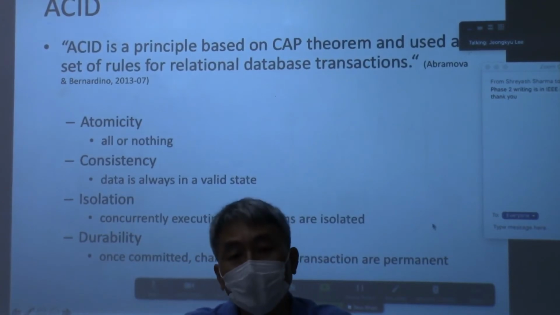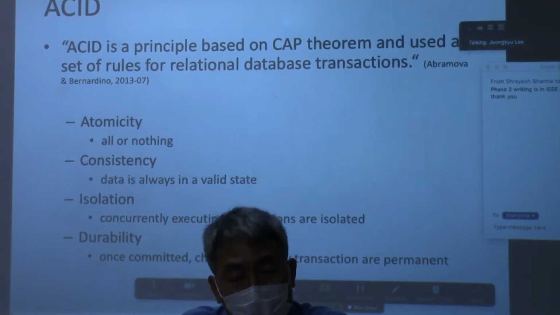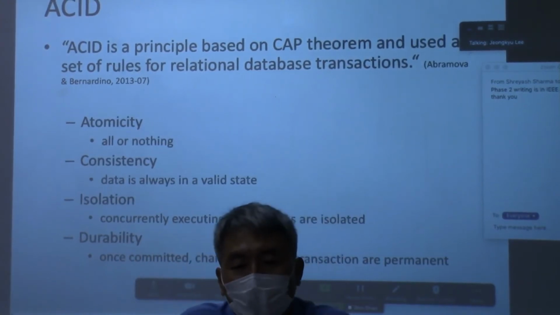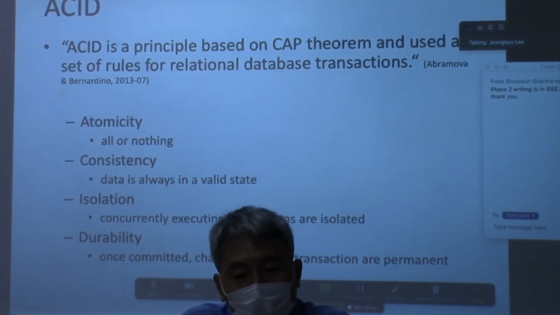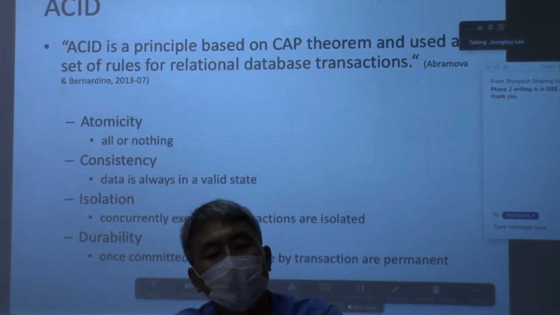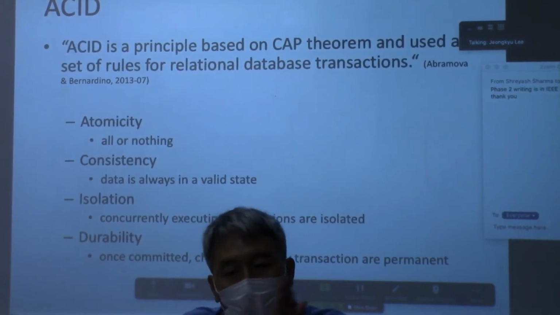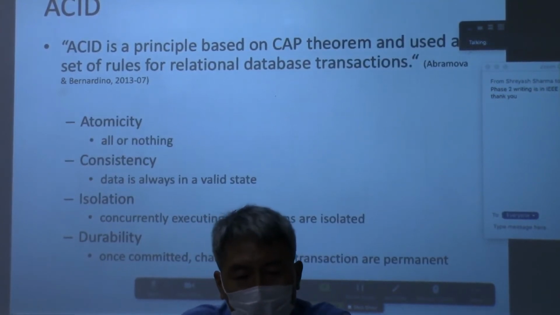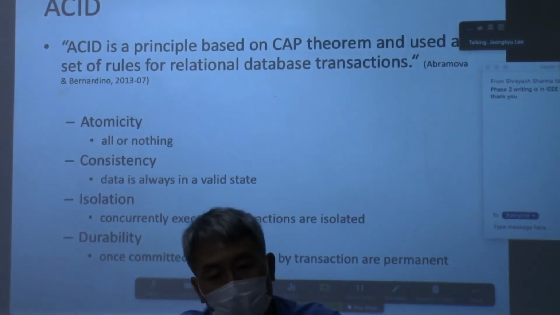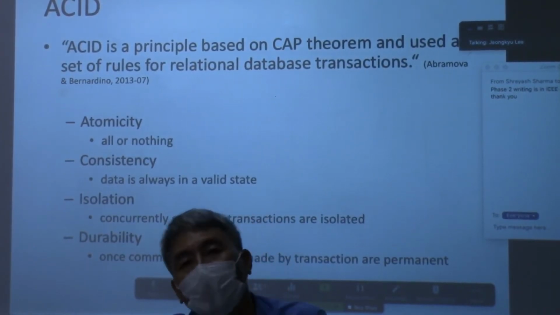The traditional database system has the ACID characteristic. ACID, I already explained. A means atomicity, so all or nothing. Transaction is the atomic unit. It has a set of operations, but it's still atomic. Consistency means the database is always in a valid state, going from one state to another state.